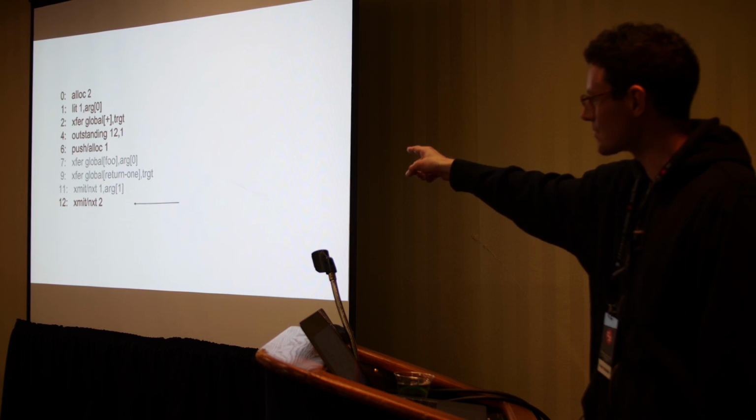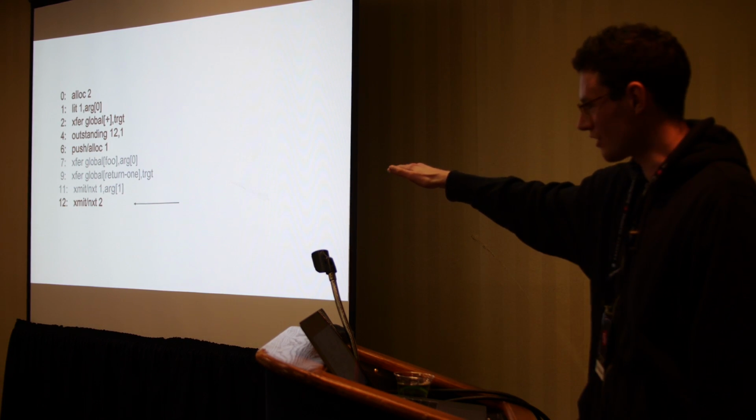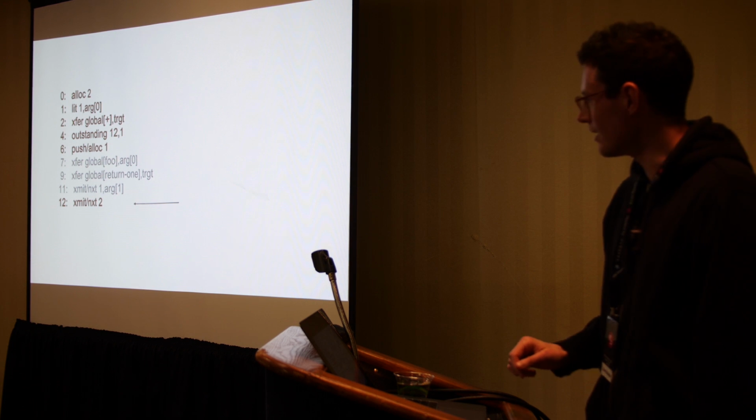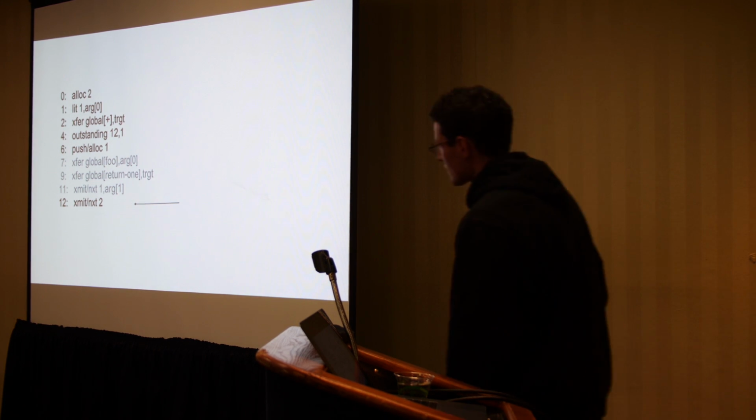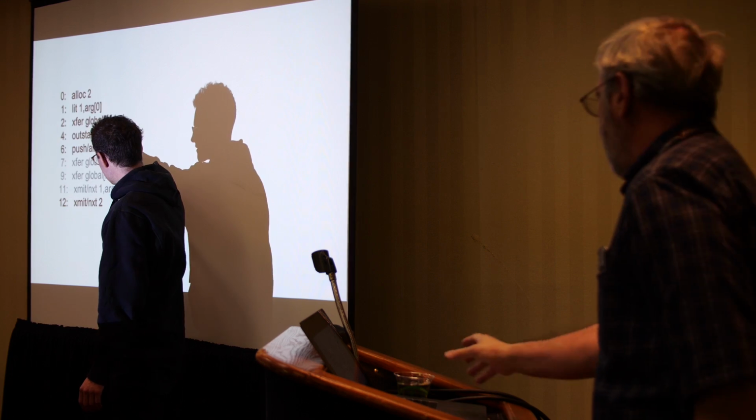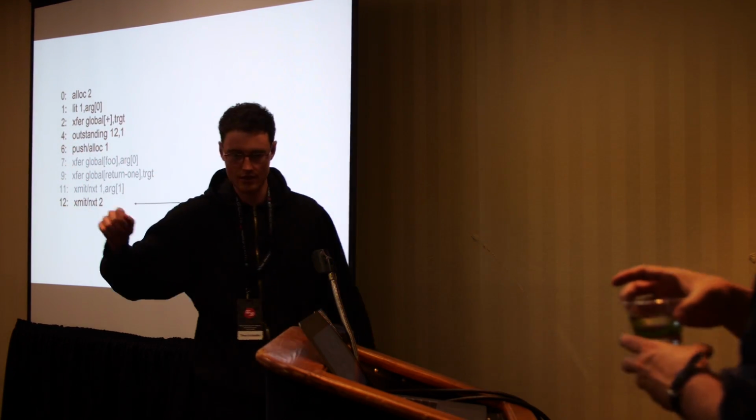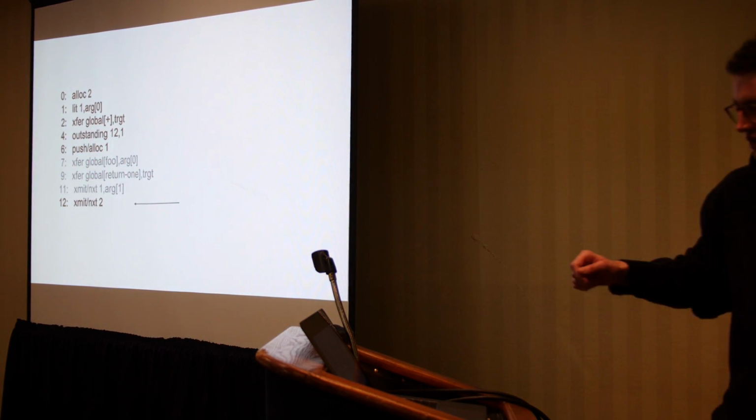At some point, the initial context will be picked up again by the VM and will run at this position, at the 12th position. This is also why we had the 12 here, because we set PC to 12 there for the initial context.